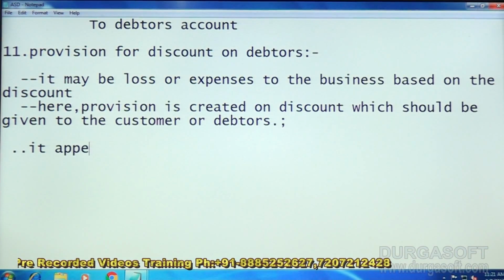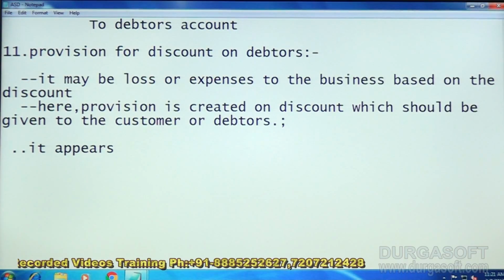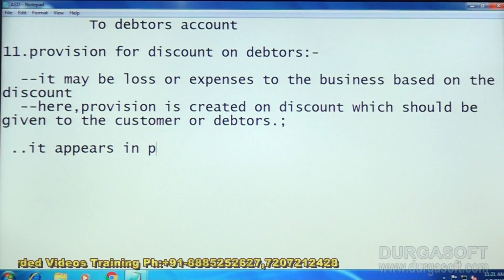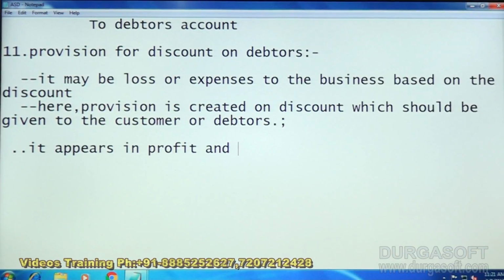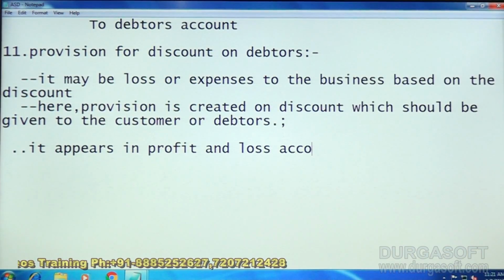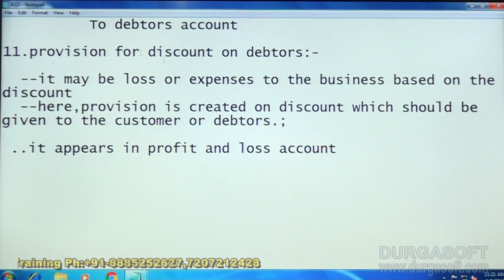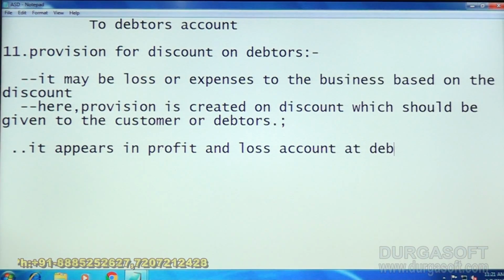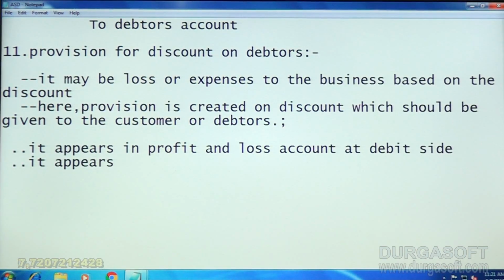It appears in the profit and loss account at the debit side, and it appears in the balance sheet at the asset side.